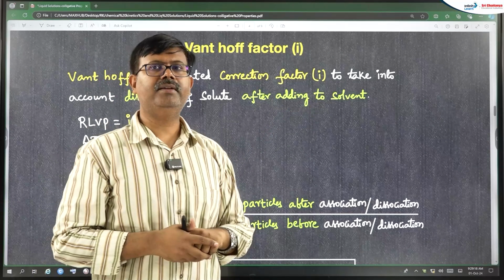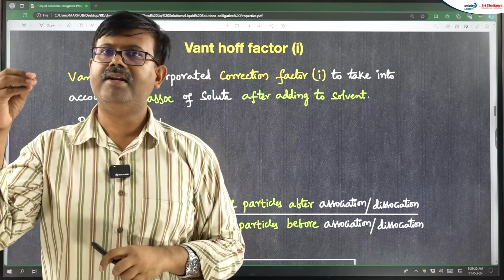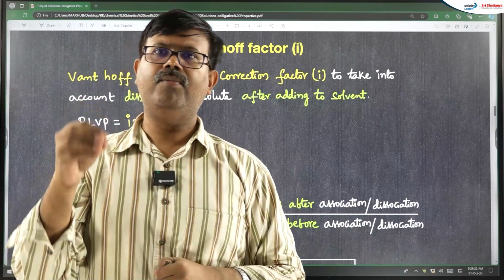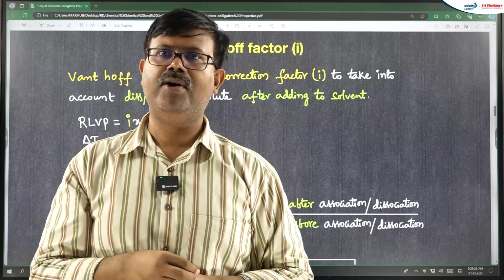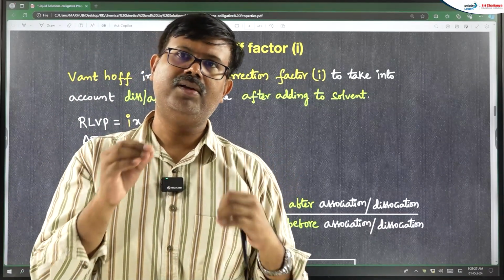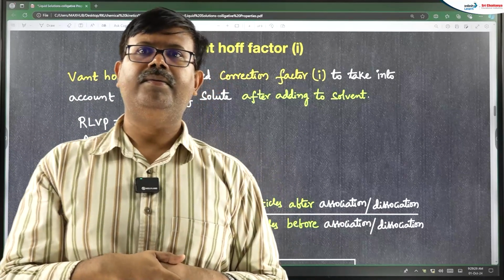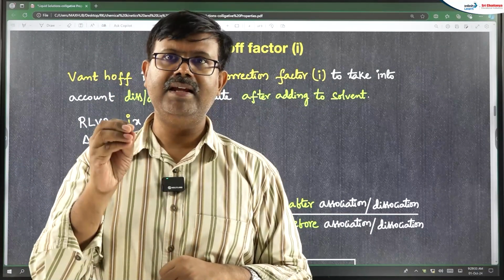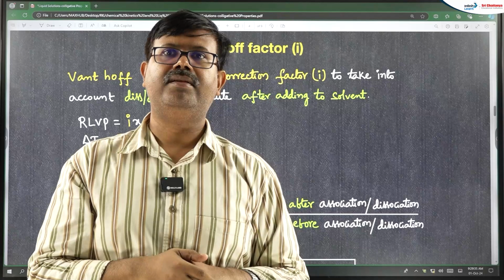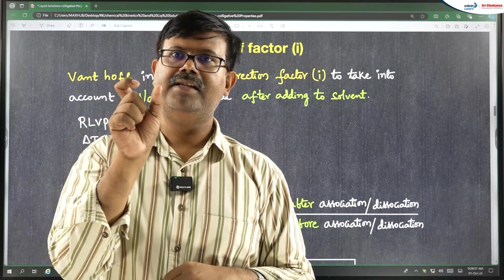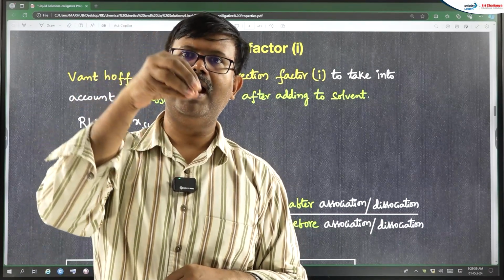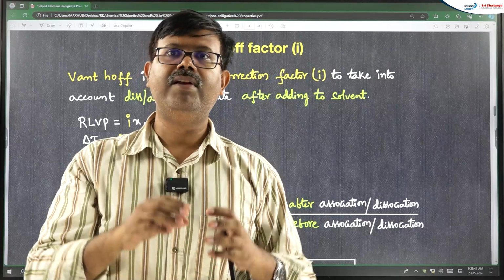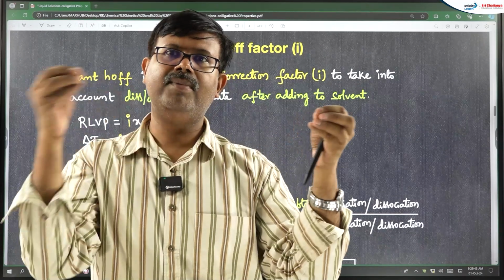See, when you add a solute to the solvent, for example glucose to the solvent water, nothing happens. Glucose molecules remain as they are. But if you add a solute like NaCl, before adding, NaCl is 1 unit, but if you add it to the water, then what will happen? The Na plus and Cl minus will separate.